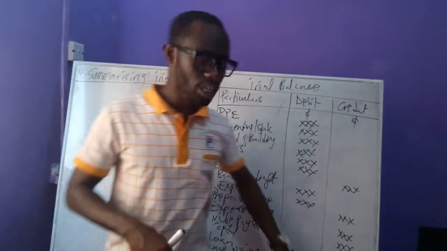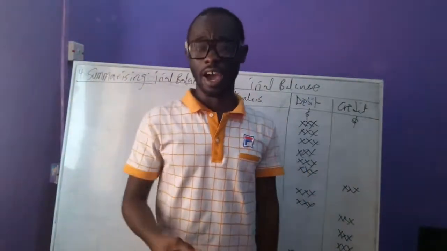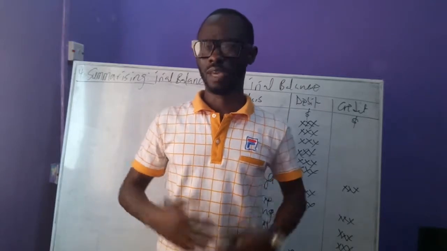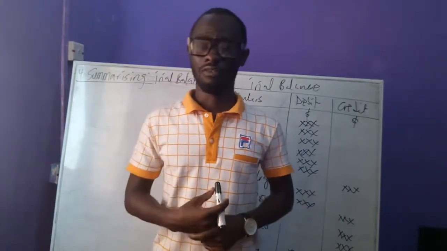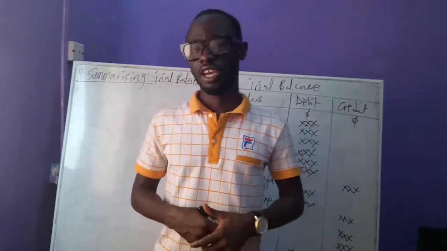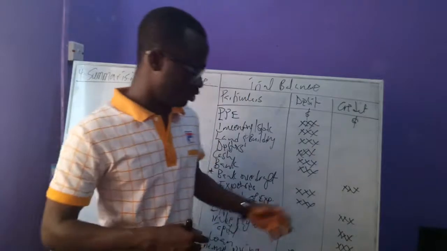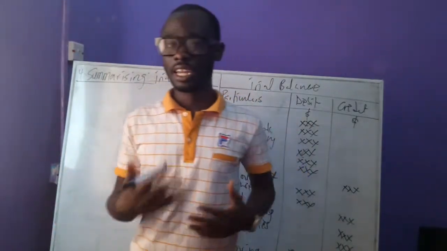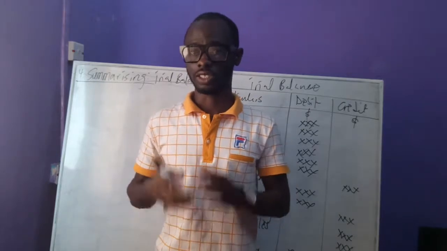The debit side is supposed to be equal to the credit side, but for some reason, that means there is an error in the financial statement. Maybe the double entry that you did has a problem, you have overstated a figure, you've done a single entry, or you've done something that makes it not to be the same. So in that case, the difference will be taken into an account called the suspense account.